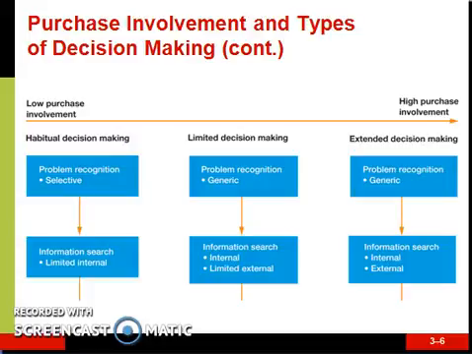The consumer is compelled to search for information both internally and externally in order to reach a purchase decision. Fortunately, few purchases are in this area. However, some examples could be a car, a house, or a computer.